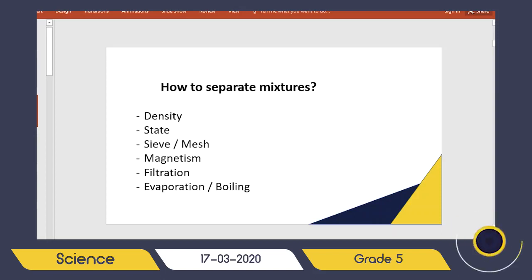We can separate mixtures using the state of ingredients, for example, one ingredient can be a solid and one a liquid, which may help us with separation. We can use a sieve or mesh. We can use magnetic forces, magnetism. We can use filtration, or we can use evaporation or boiling. We will discuss each of them in detail now.